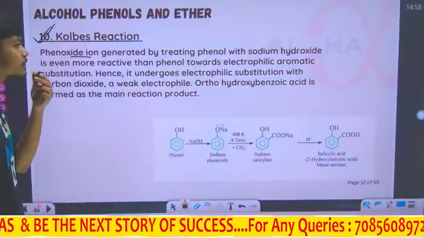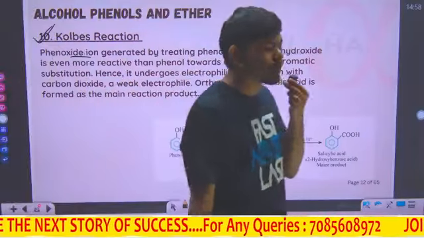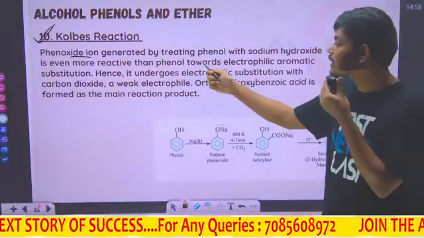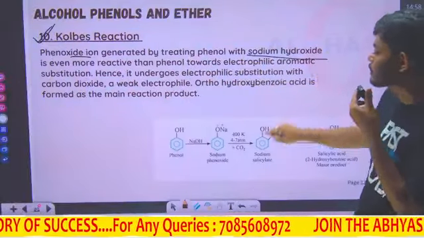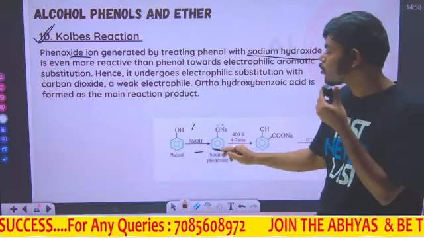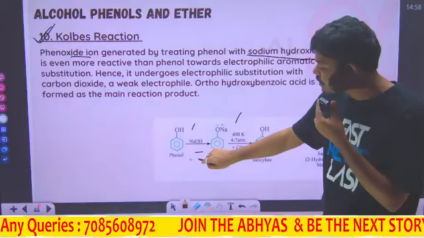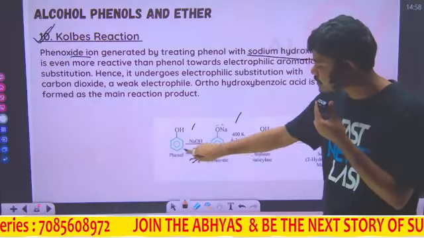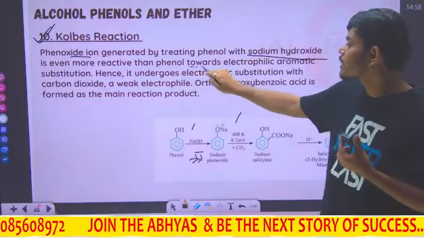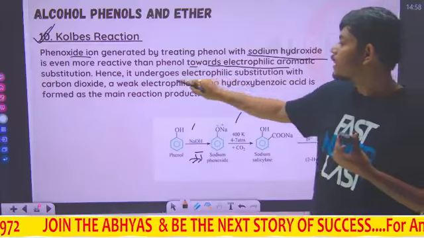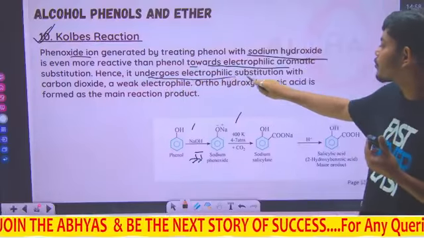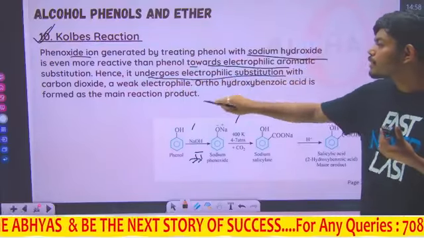So we know that the phenoxide ion is more reactive than the normal benzene ring. The phenoxide ion is generated by treating phenol with sodium hydroxide. See, sodium hydroxide reacts with phenol to obtain the phenoxide ion, that is O minus Na plus. This is very much more reactive than this species. So it undergoes electrophilic aromatic substitution with carbon dioxide.